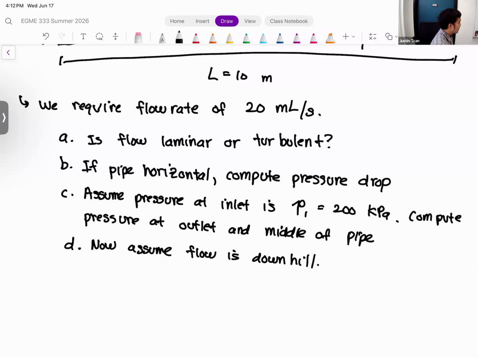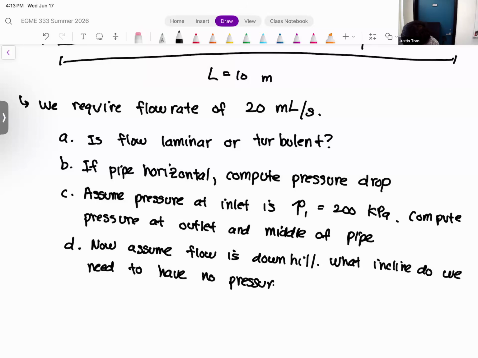So part D is going to ask us, if we were to incline our flow going downhill, at what incline level, so at what theta, would we need in order for there to be no pressure drop? Okay. So for part D, we're going to solve.